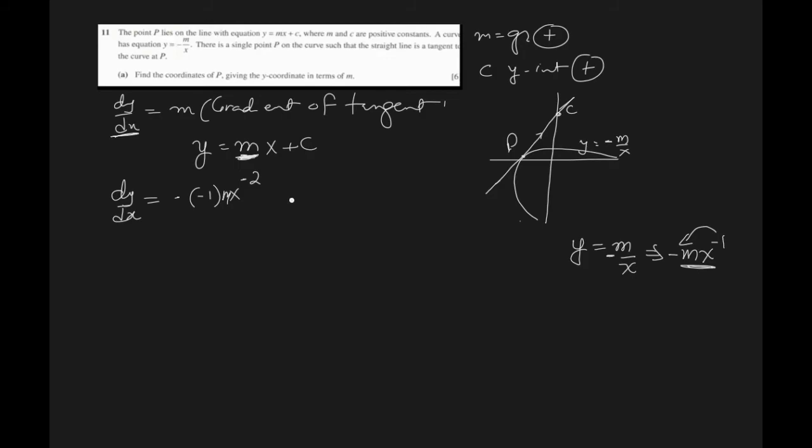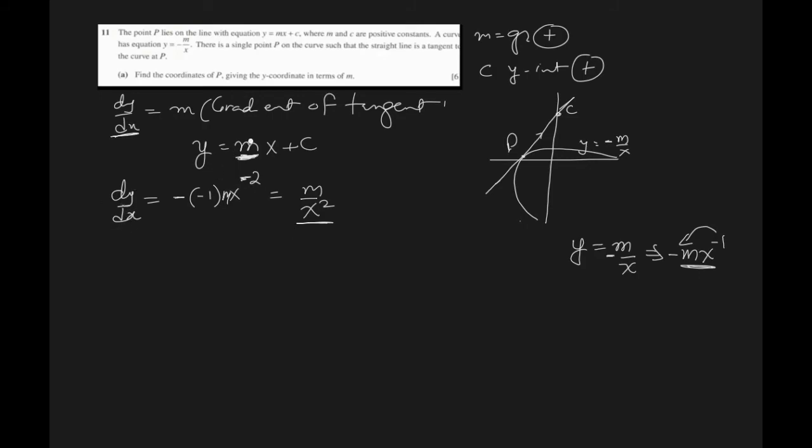So it will be negative and negative, positive 1, m over x squared. This is what we can write. To make this exponent positive, we just reciprocate it. This is the gradient of the tangent at a specific point on the curve.